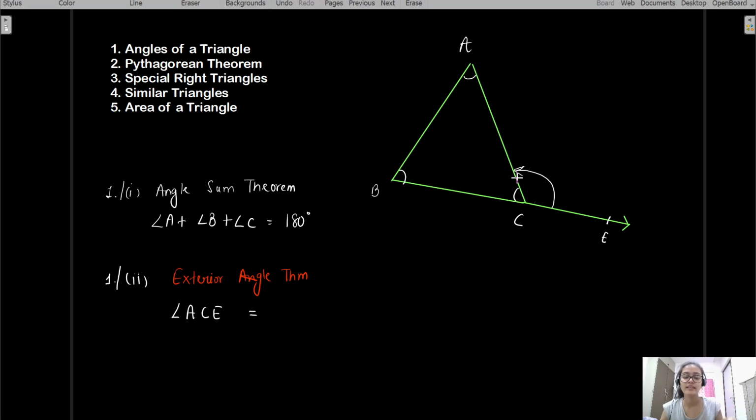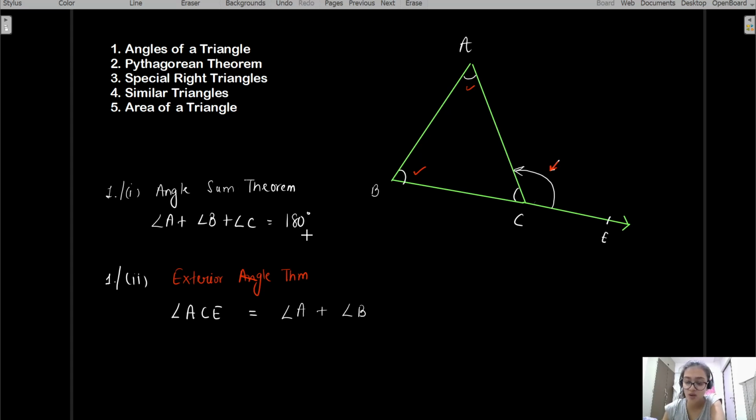So the interior opposite angles to this one are this one and this one. So angle ACE is going to be equal to the sum of angle A and angle B. That's your exterior angle theorem.